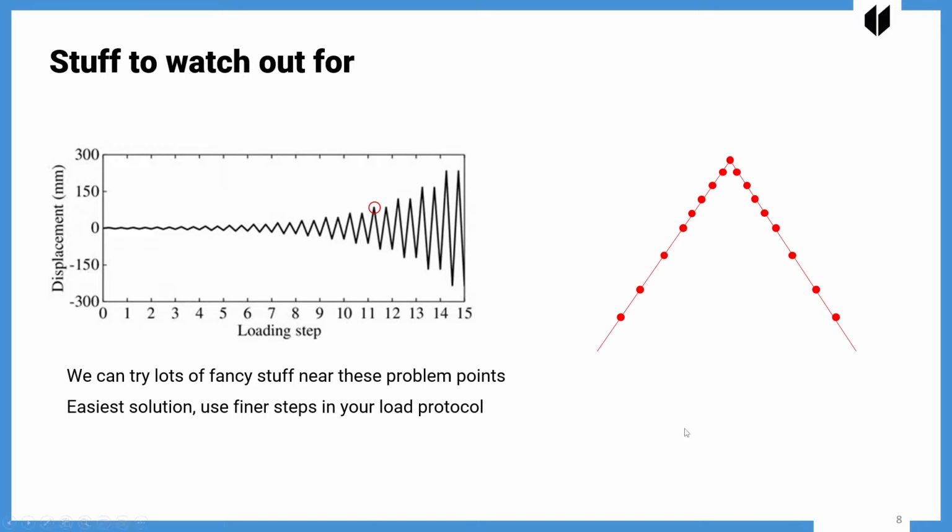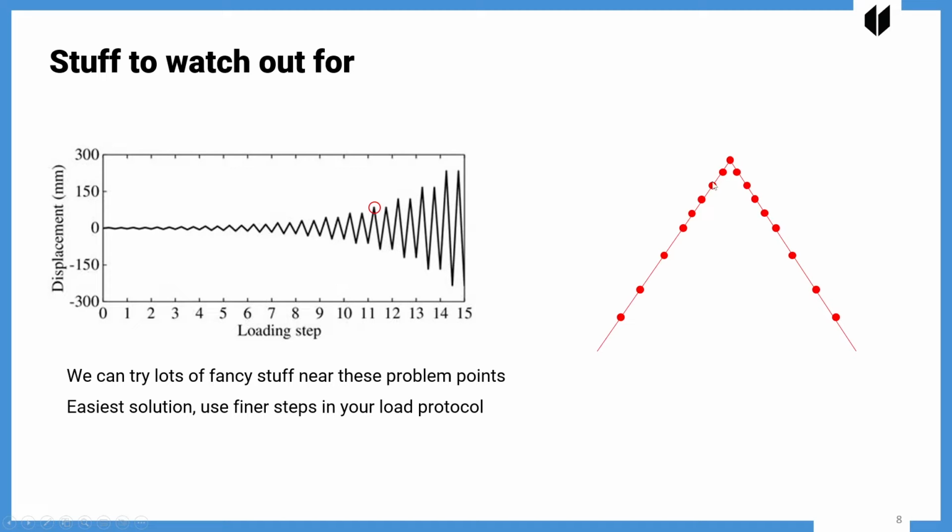So when I create my time series as it goes from step 1 to 2 to 3, near these reversal points, I'll actually have a much smaller incrementation of the load in that time series. I've generally found this to be a pretty simple and straightforward way of implementing these smaller time steps and getting good results.